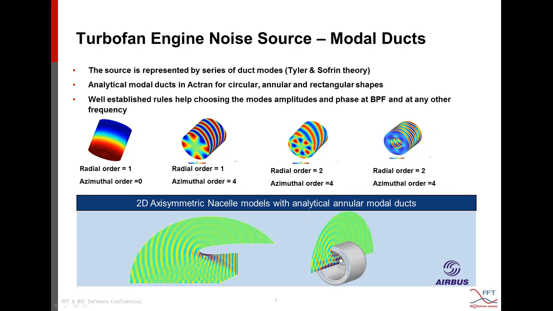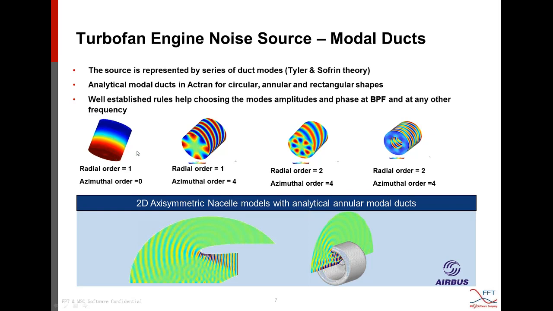We will plug this modal duct to the finite element model in Actran. So the modal ducts are analytical solutions of the pressure distribution on a certain cross-section of the duct.